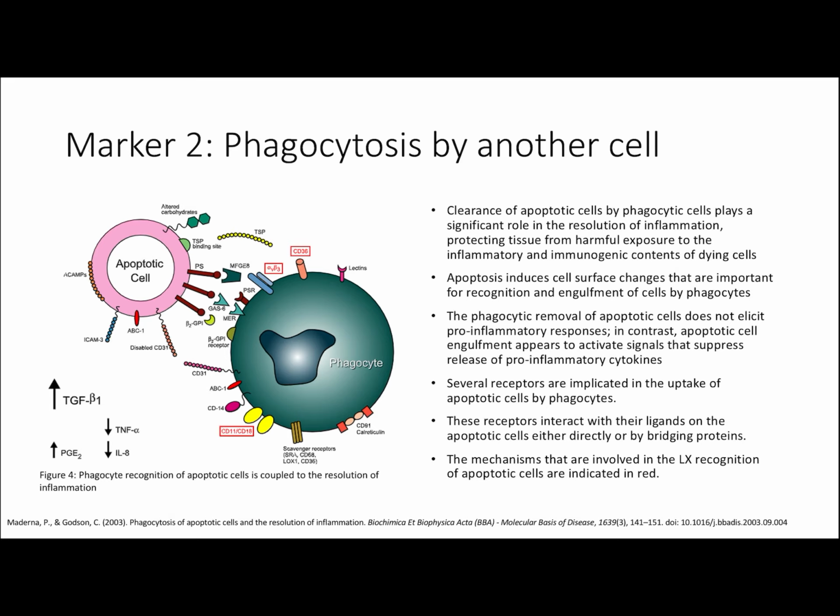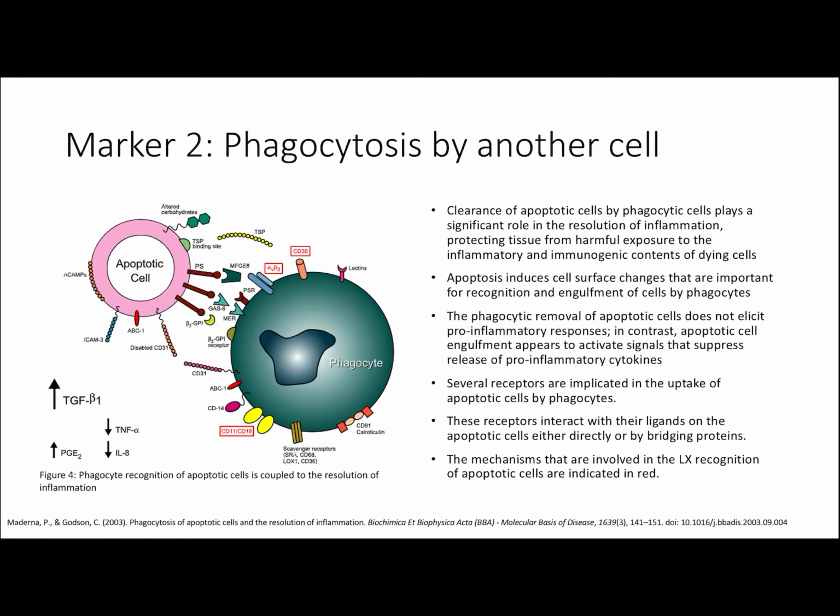So the last marker I'm going to talk about is the phagocytosis of another cell. The article that I found talked about how apoptotic cells and phagocytic cells have a significant role in inflammation of dying cells.